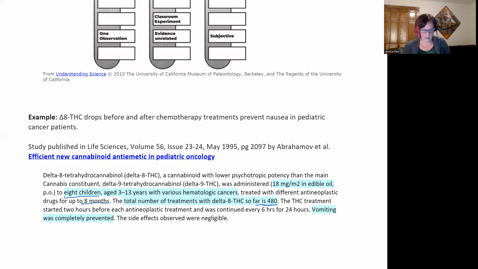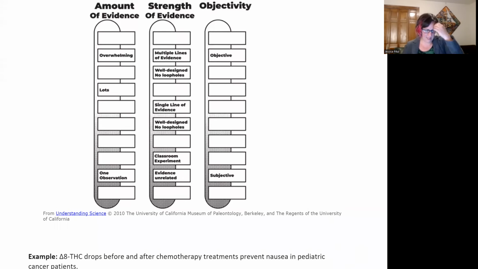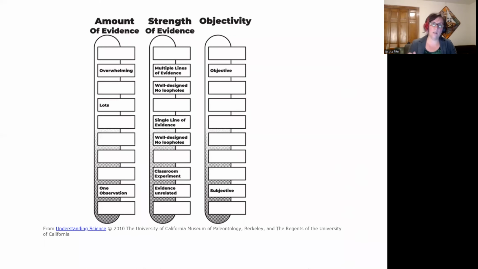So let's break this down. Let's first look at the amount of evidence. We are looking at 8 kids being studied over 8 months, and again, something like 480 treatments. The 480 treatments seems like a lot, but it's a study of just 8 children.